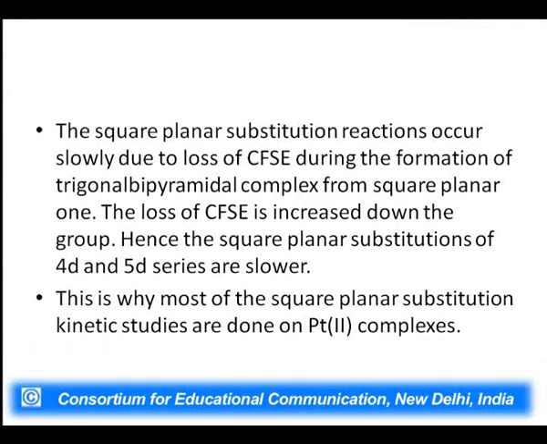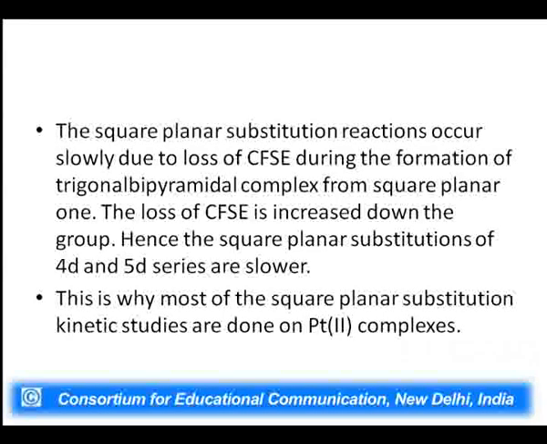This loss increases as we go down the group, that is, in the 4d and 5d series we find that square planar substitutions are very slow. That is why most of the kinetic studies of square planar substitution are done on platinum(II) complexes, because they are comparatively inert and their rate of substitution is quite low.